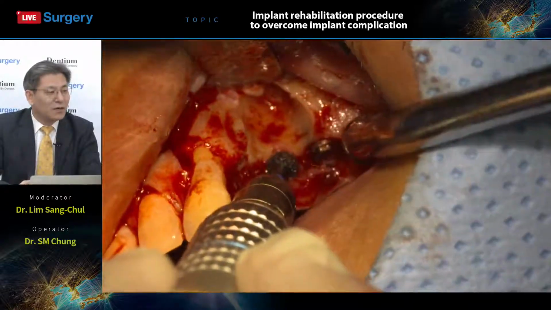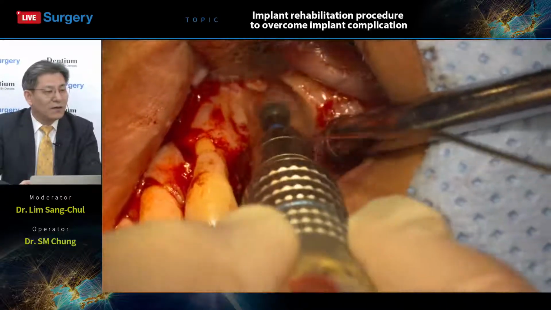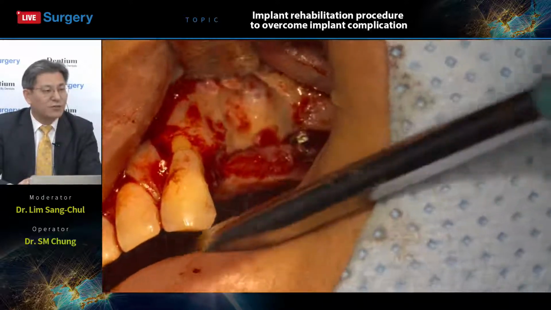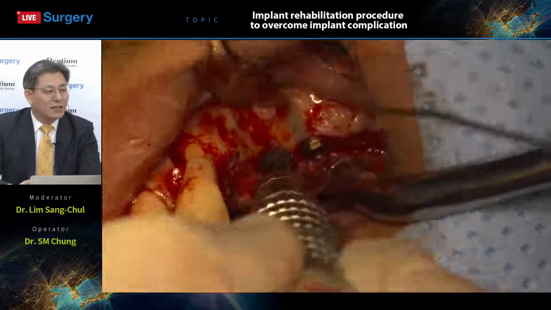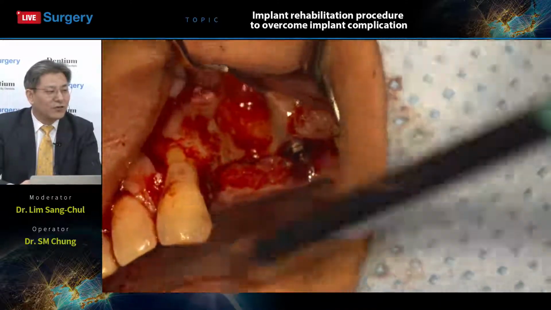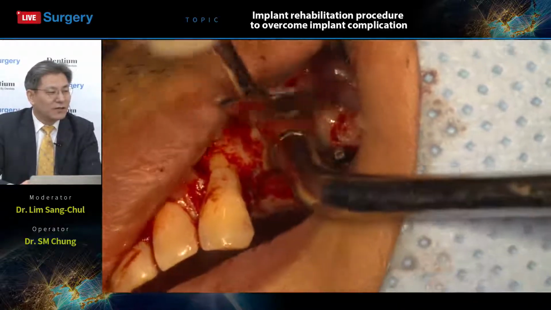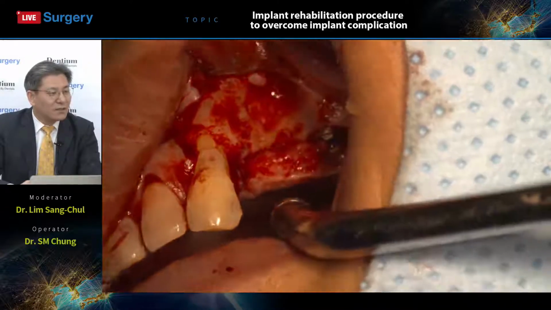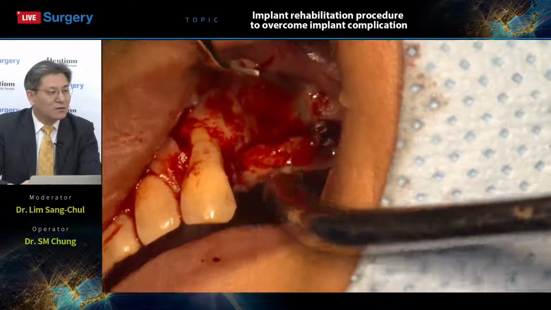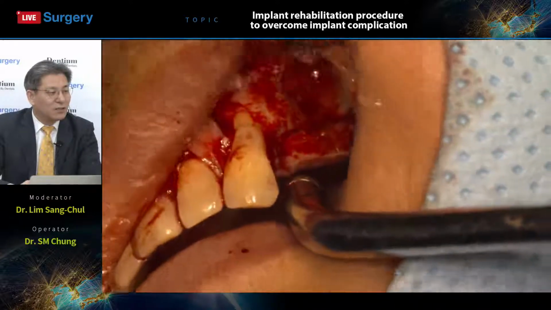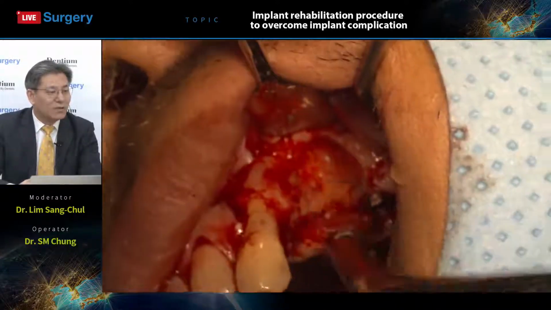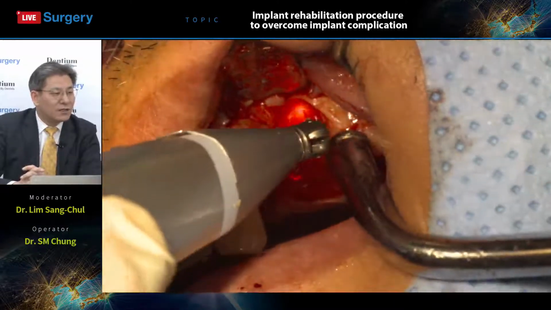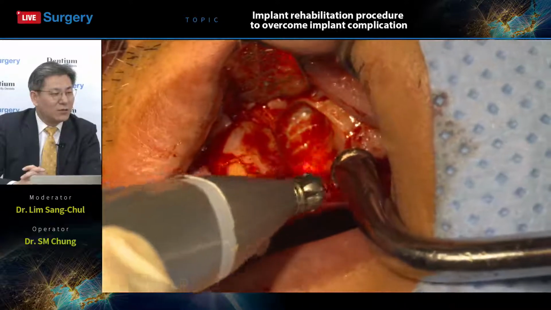Okay, so after sinus membrane elevation, put the Osteon 3 graft material inside, and then move to the anterior area, number 24, a big defect, the crater-like big defect. He grinds out all the surface area. Now he used a laser.